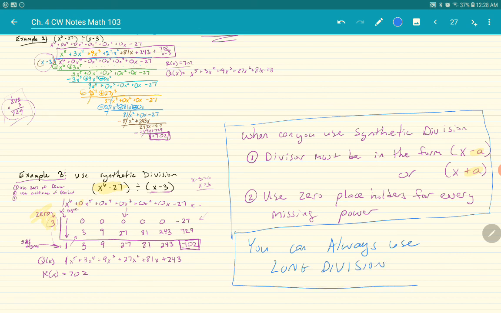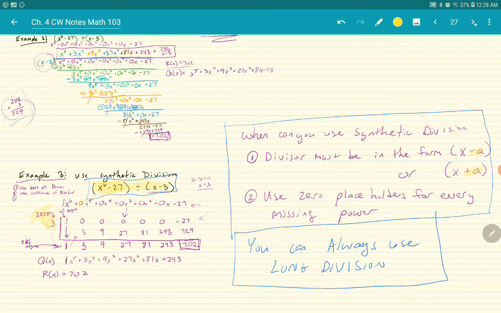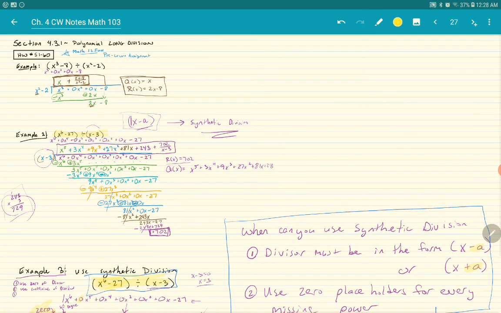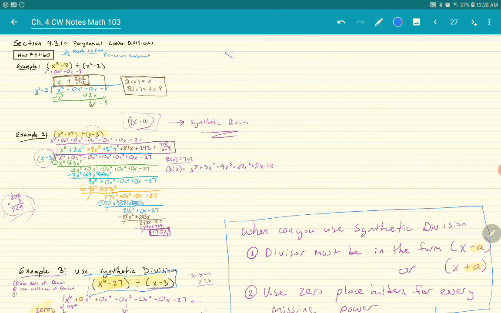So for example, this problem we just did, we had the choice. When I got this problem, or I got it up here, I said, oh, that one works. I could use long division or synthetic division on that one. But our first problem, where I had x cubed minus 8, that is not a candidate for synthetic division because it's not in the form, sorry, not the cubed. This guy is not in the form of x minus a.